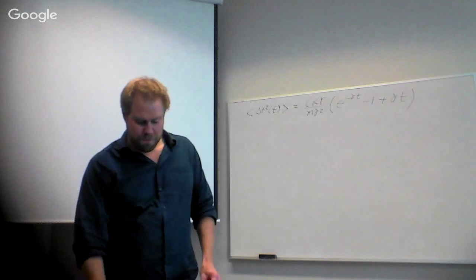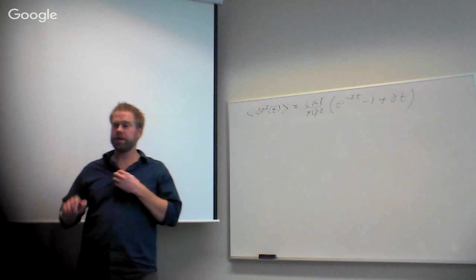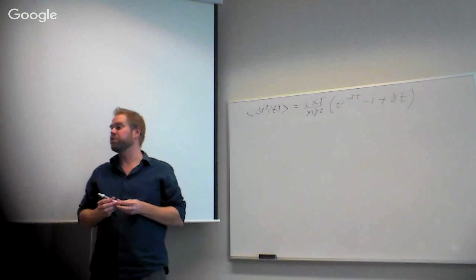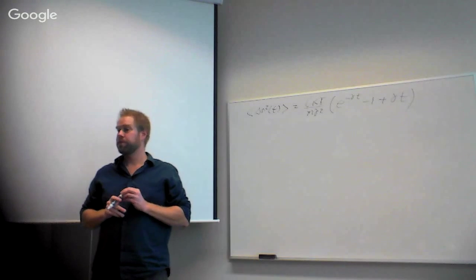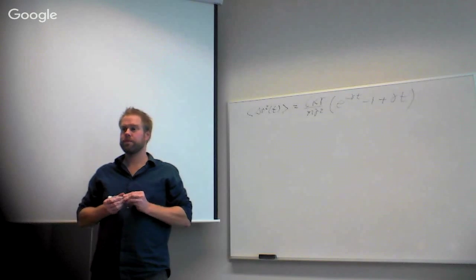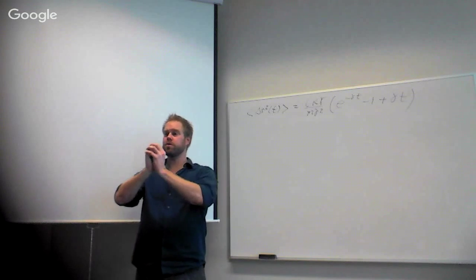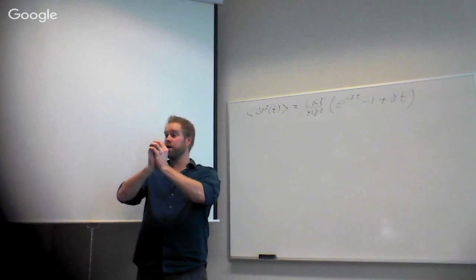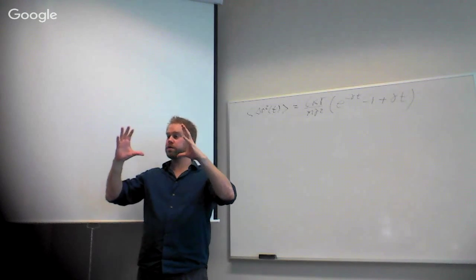So this represents, on average, how far the particle moves away from the origin, squared. You can think of it as starting a whole bunch of particles that don't interact with each other at the origin. Due to diffusion, they're not all going to stay at the origin, so you're going to have this cloud of particles spreading out.